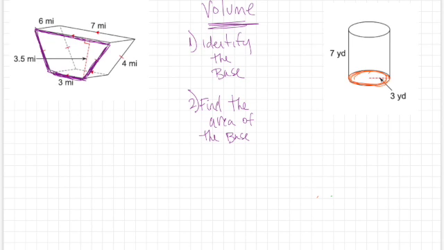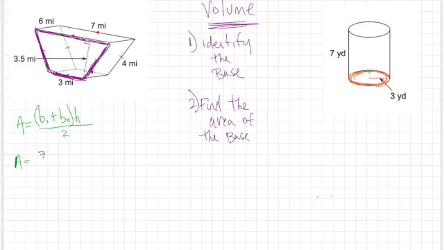Okay, so the area of a trapezoid is going to be B1 plus B2 times the height of the trapezoid, all divided by 2. So that would be this side here, which is 7.